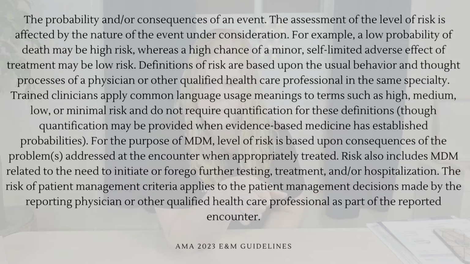The risk of patient management criteria applies to the patient management decisions made by the reporting physician or other qualified healthcare professional as part of the reported encounter. Basically saying that just because maybe someone else is evaluating the patient for a very high-risk condition, if they're the one that's managing that condition, and this other physician is maybe managing something lower risk, maybe their high blood pressure, they don't get credit for the fact that the cardiologist is maybe managing a very complex cardiological problem because they're just managing something simple.